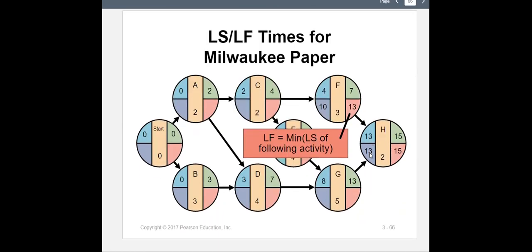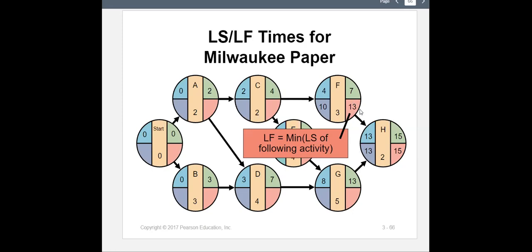The next one. The only node after F is H. It's only one, so we just look at the latest start of H, which is 13.